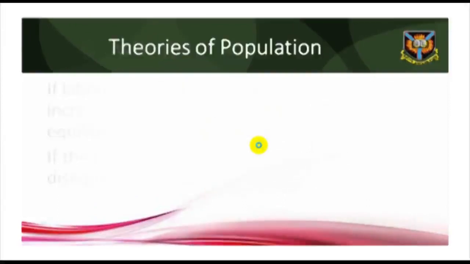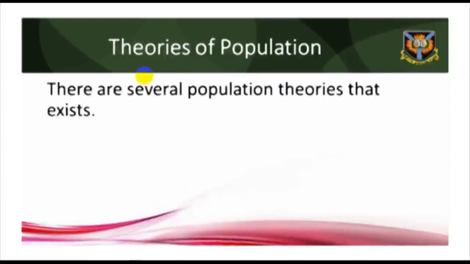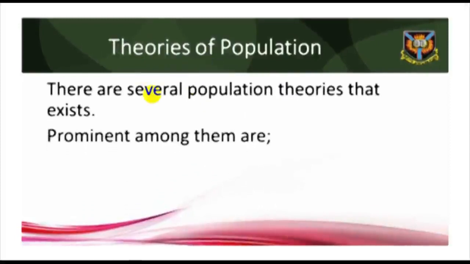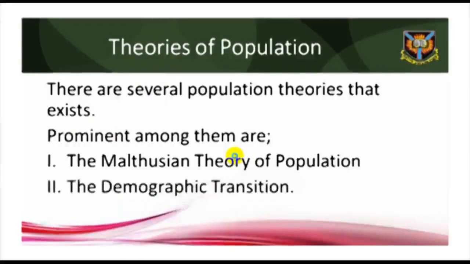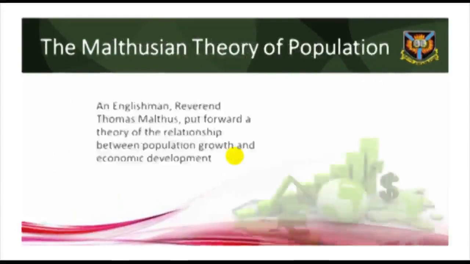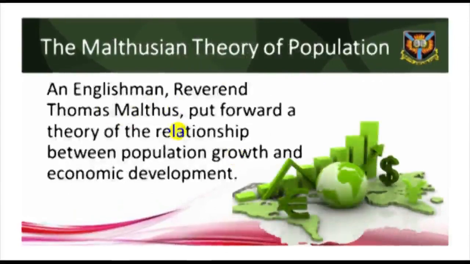Theories of population. The Malthusian theory of population. An Englishman, Reverend Thomas Malthus, put forward a theory of the relationship between population growth and economic development.